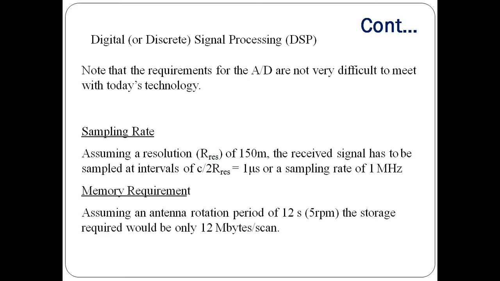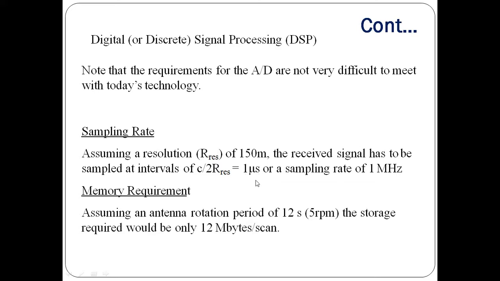Here I am assuming a resolution of 150 meters. I am going to provide a resolution of 150 meters. For this requirement, the received signal has to be sampled at intervals of c by 2 r resolution, which equals 1 microsecond.